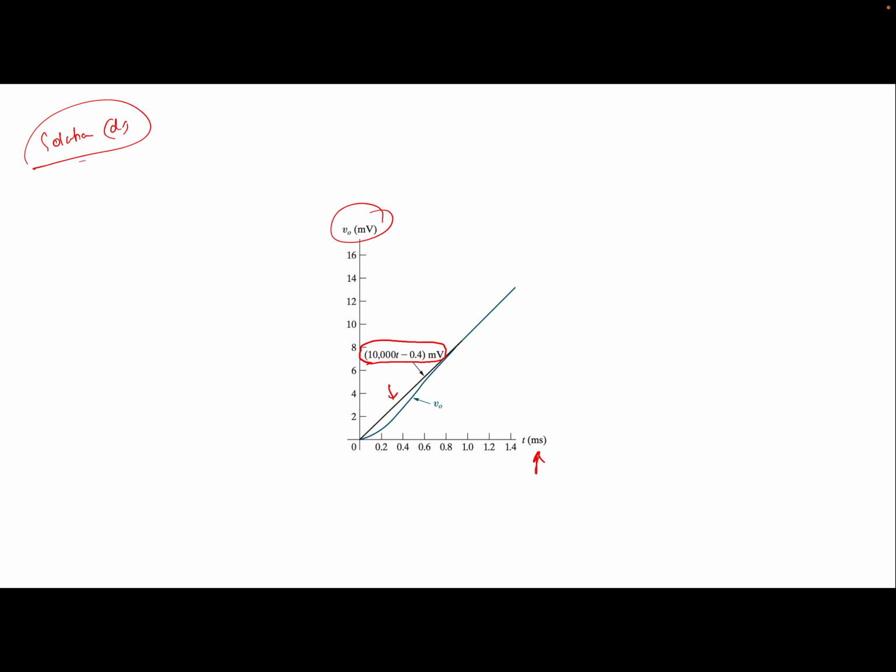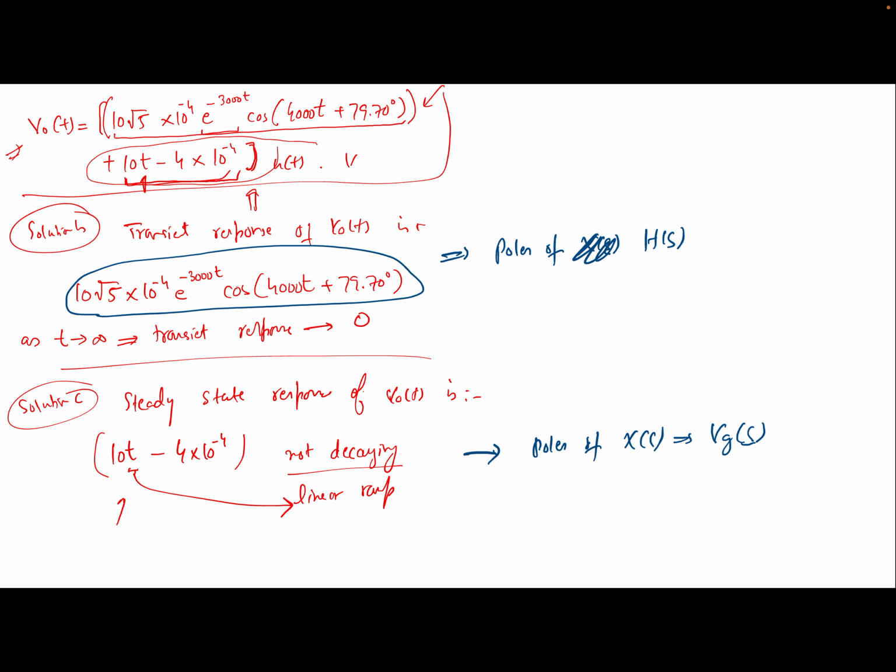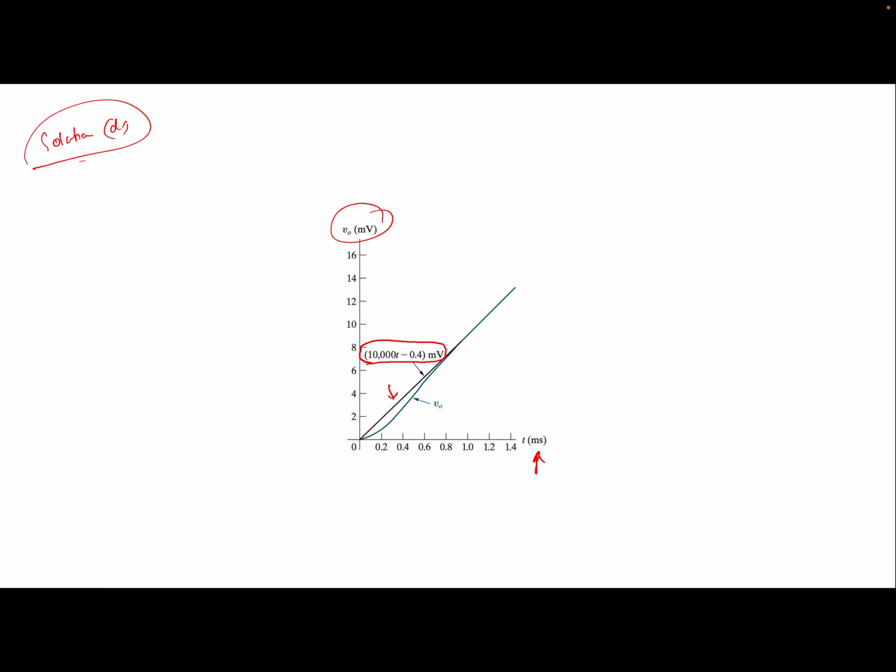If you look over here, we had 10t minus 4 times 10 to the minus 4 volts, which was converted into millivolts to get 10,000 t. It's a linear ramp that continues to increase. Of course, it's not going to increase forever, but that concept I'm going to talk about in the next lecture, maybe. The point is that this is your steady state response, and it's a ramp function.